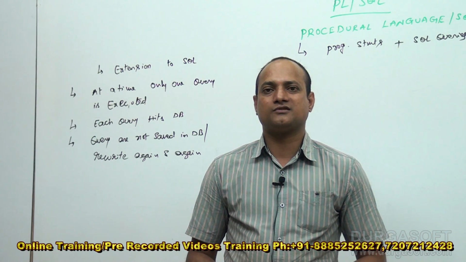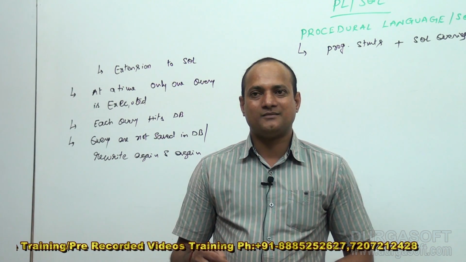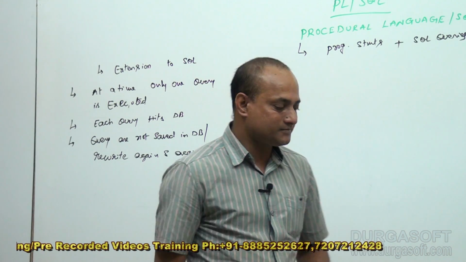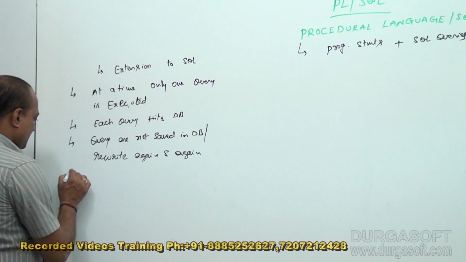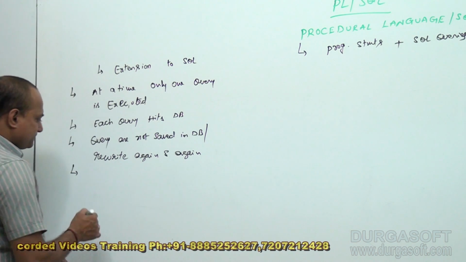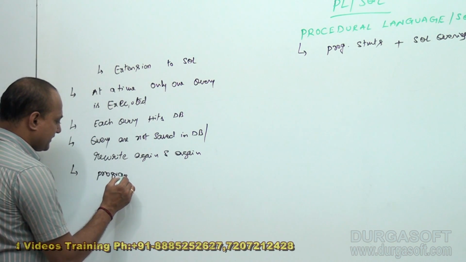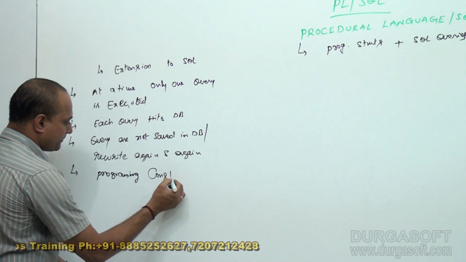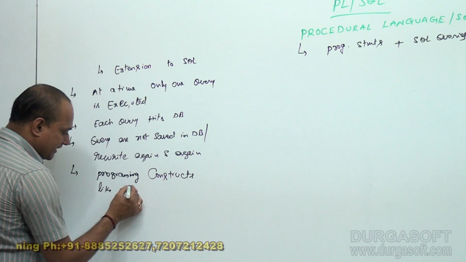How can I save the query in the database? In the database, you can save the query in the form of a PL/SQL object. And in SQL, there are no programming statements. There are no programming constructs, like conditional statements.